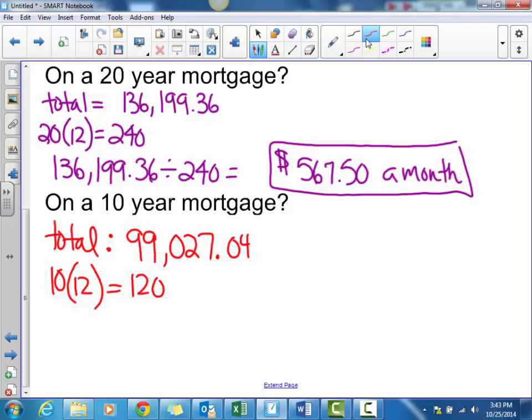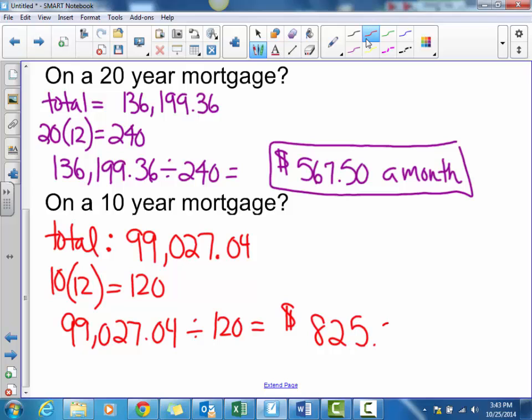So I'm essentially going to take $99,027.04 and divide it by 120 payments. So my new monthly payment for a 10-year mortgage is $825.22. So it's $825.22 a month.